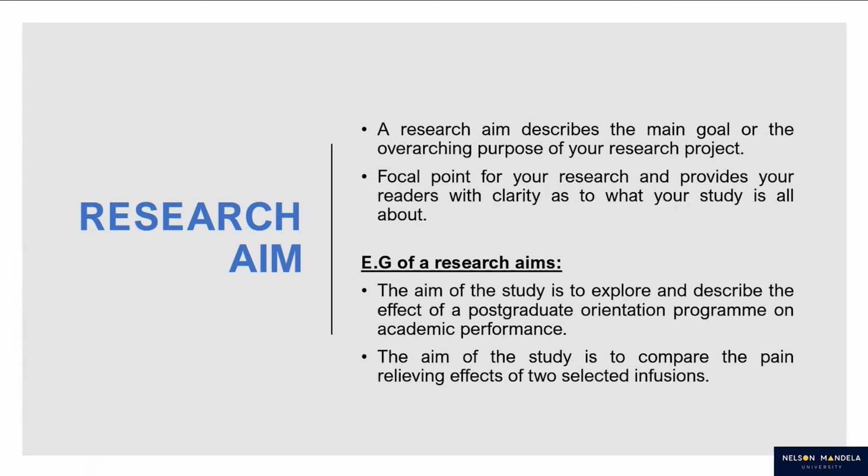So for example, if we continue with our COVID-19 example, we could perhaps say the first research objective would be to explore and describe your heart rate values, for example, when wearing an N95 mask during writing a test, maybe, okay?